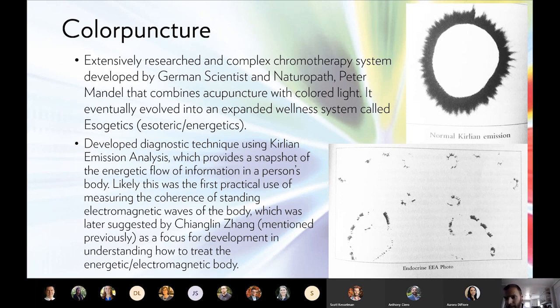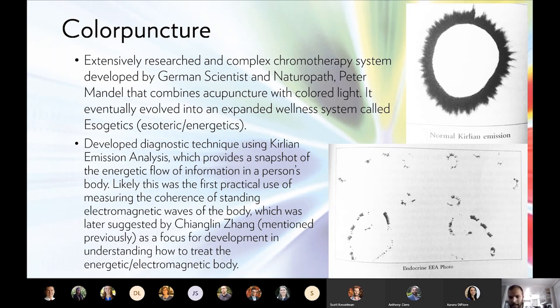So it uses things similar to the acupuncture meridians, as well as like a bunch of other esoteric healing modalities, and applies colored light. He's expanded it into this whole system he calls esogetics, esoteric and energetics, and does use things like low-level frequencies, sound, even some other things as well.